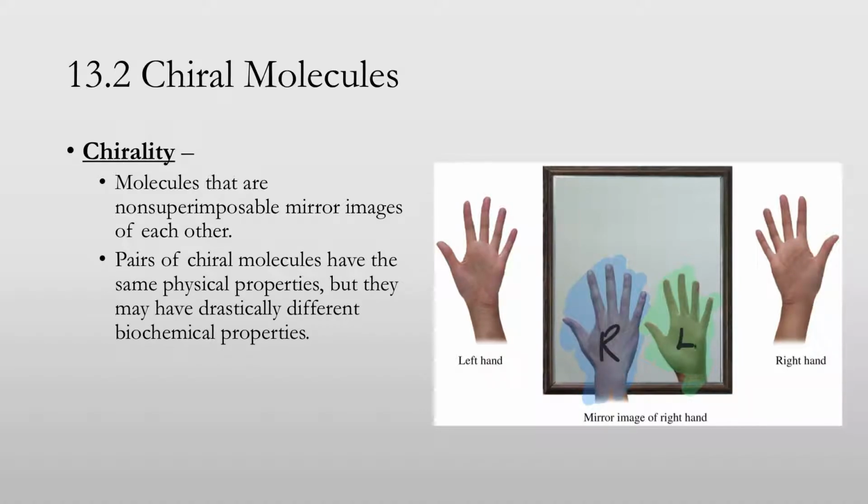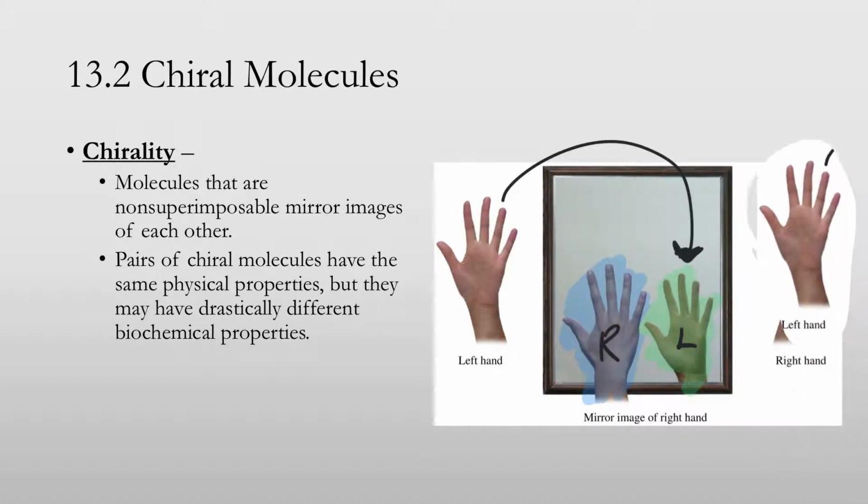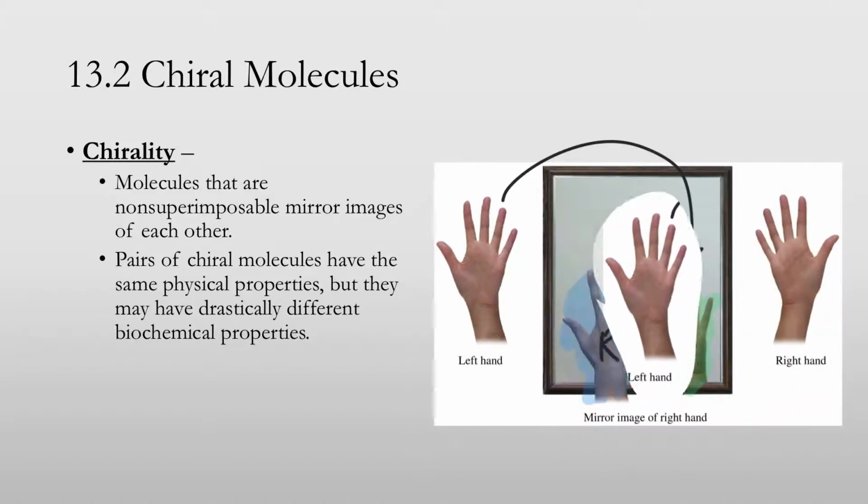This would be a left hand, right? If you stick your left hand out in front of you, it would look more like the one in the mirror image, right? Okay, but if I was to take this left hand, you can see that it does not overlap with the right hand at all.